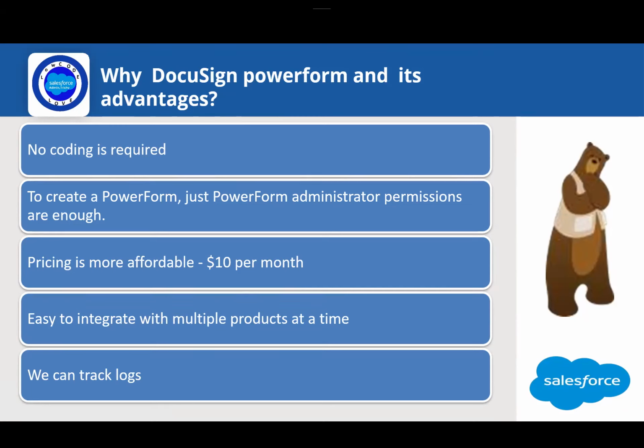In that log, we can track each and every step of the transaction, like whenever the form is sent to the end user, our client, or opened, whether it is signed or declined. So we can track everything in the form. These are all the advantages which I found in DocuSign Cloud.